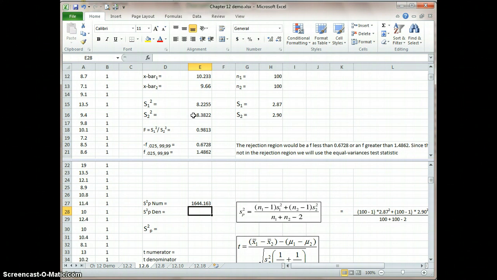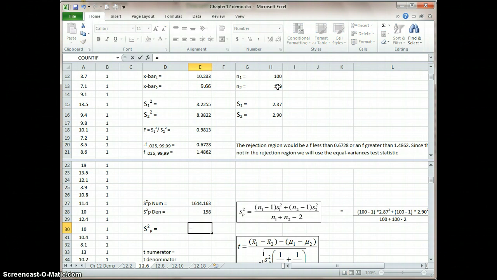Now for the denominator again, I broke this down because sometimes the formulas get complicated and it's harder to troubleshoot them, so it's a little easier this way to make sure you've got the calculation correct. n1 plus n2 minus 2 for degrees of freedom, so we come up with 198.